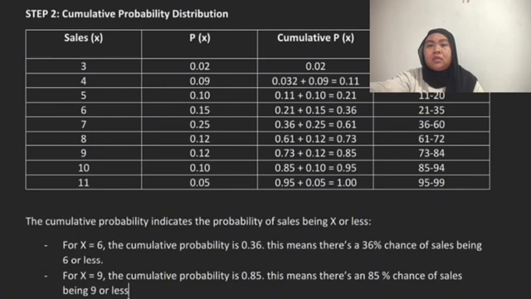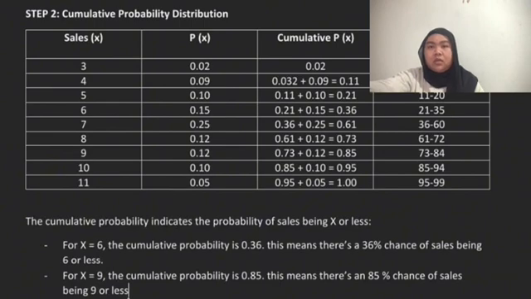Next, for step 2, cumulative probability distribution, we calculate cumulative probabilities. This tells us the probability of sales being less than or equal to a specific number.